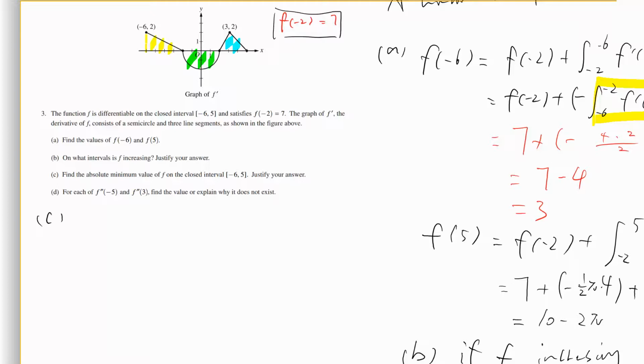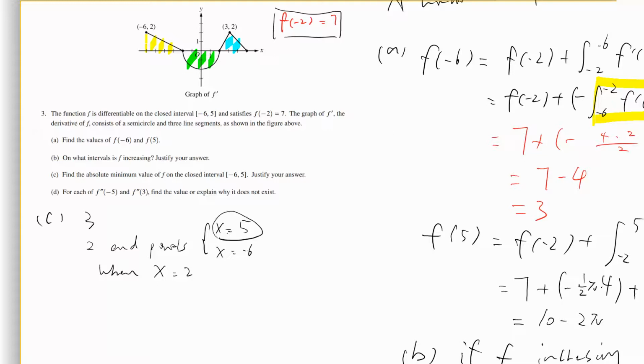First of all, the 2 endpoints are definitely 2 possibilities. Another possibility occurs at x equals 2, because that's where f prime of x goes from negative to positive.